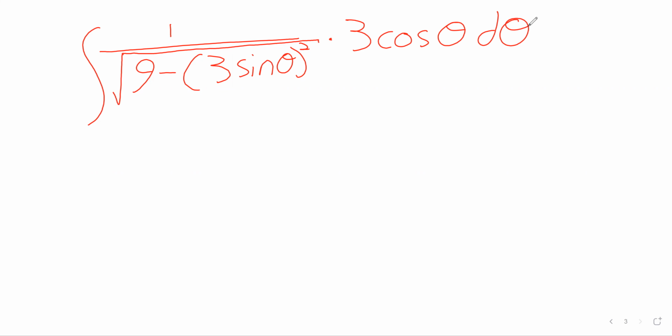But somehow I am going to claim, if we take this terrible looking integral and we mess around with it algebraically in the right way, this integral will simplify significantly and we'll be able to take it.